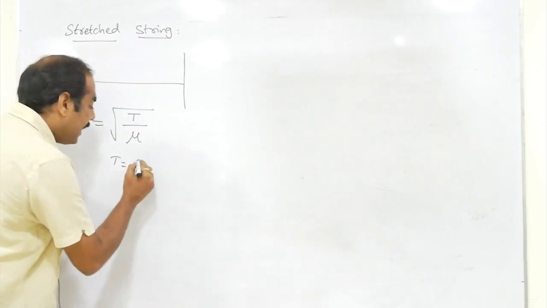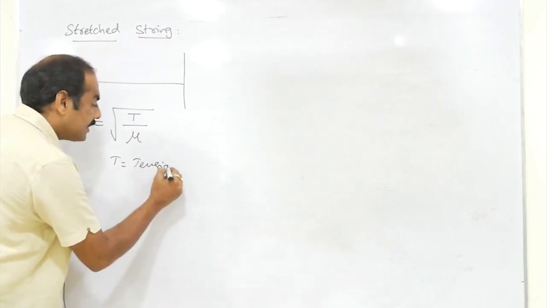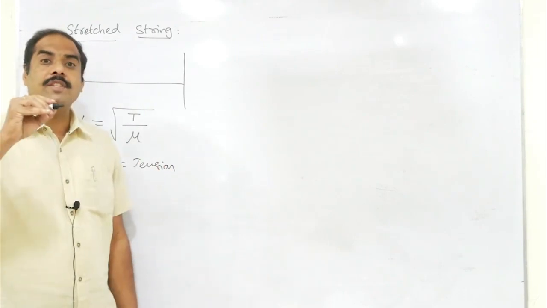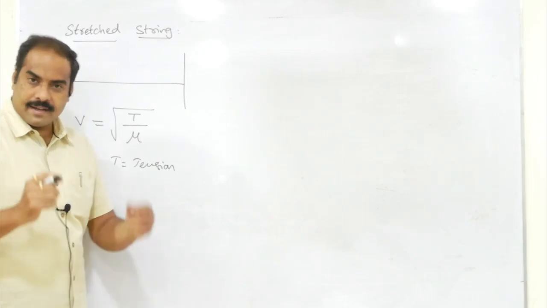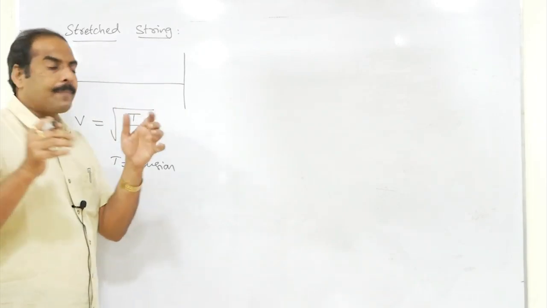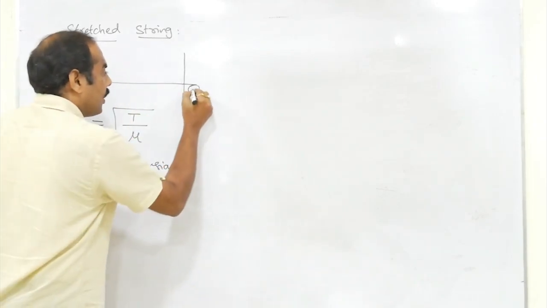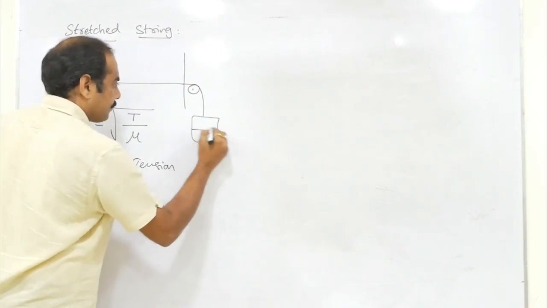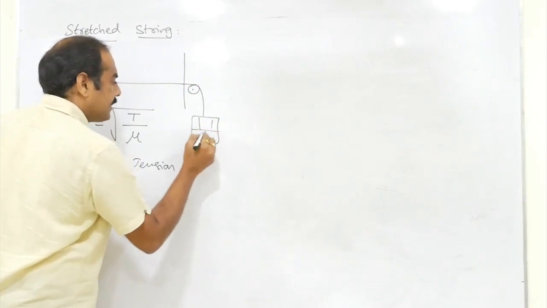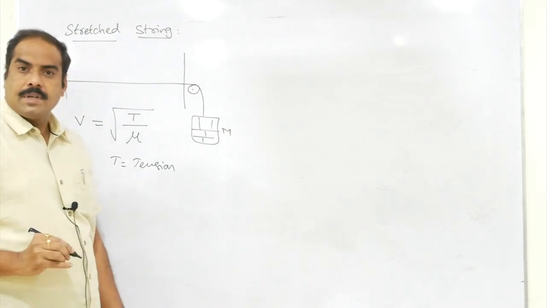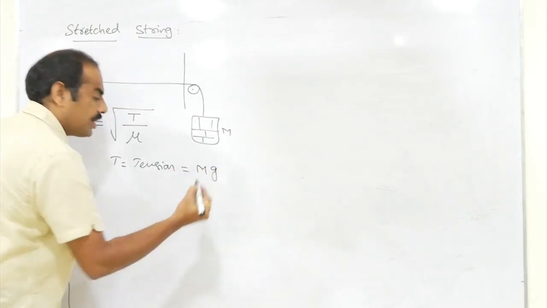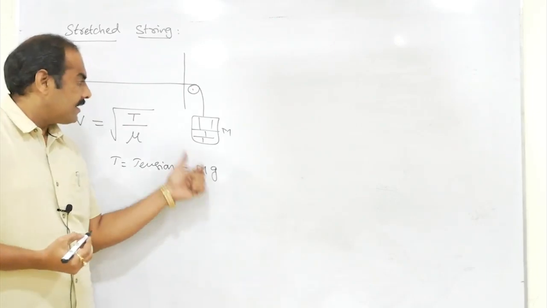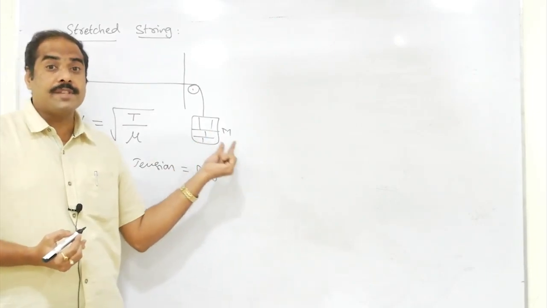T is nothing but the tension attached to the string. That means when you connect a string between two fixed supports and hang a load, this is load M. So the formula for the tension is T equal to M into G. M means the mass attached to the string.